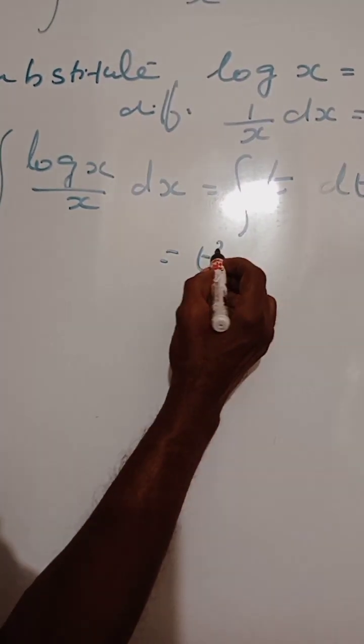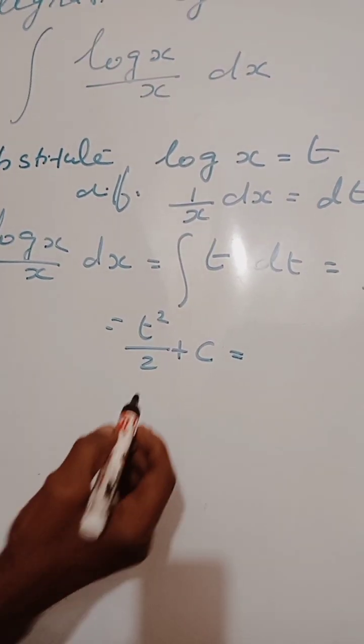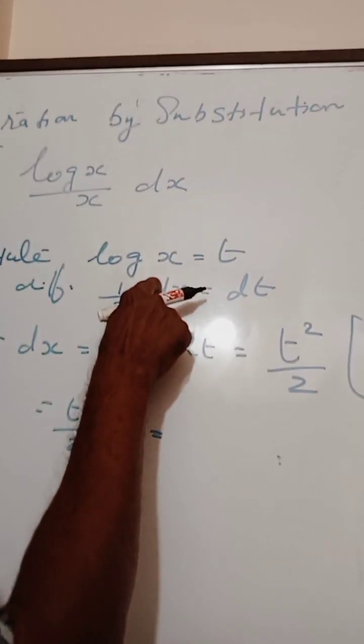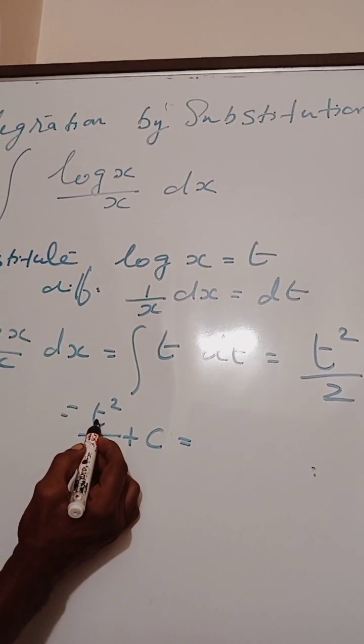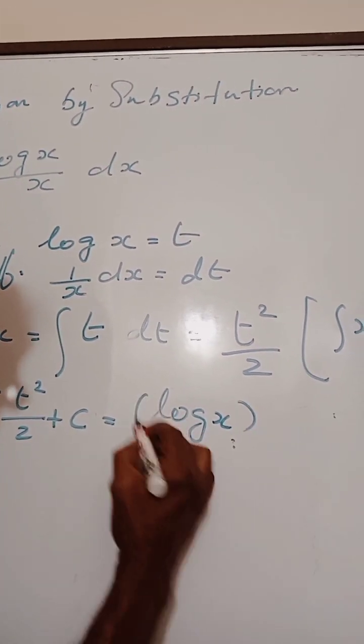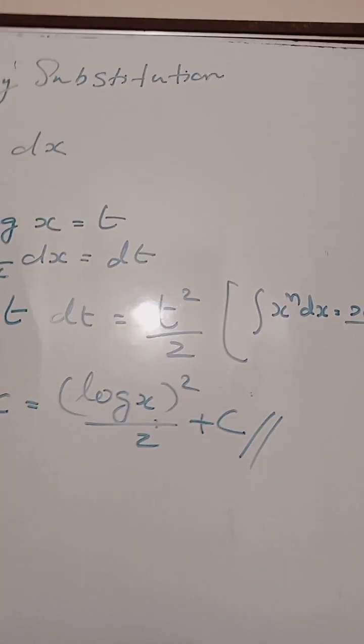It's equal to t square by 2 plus c. We know t is equal to log x, so we substitute log x instead of t. Log x the whole square by 2 plus c.